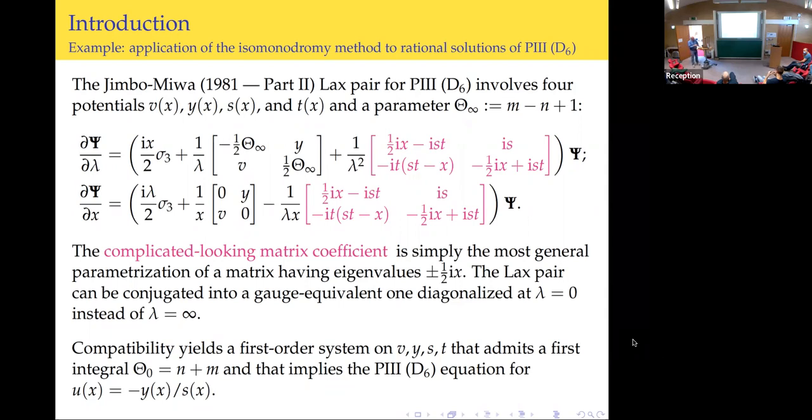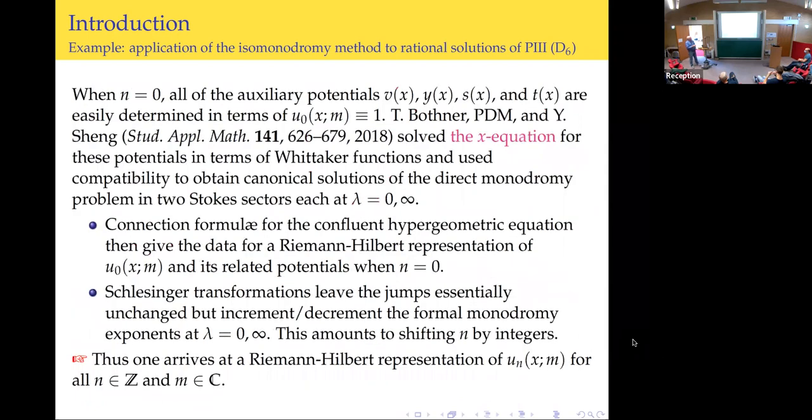But it's a lot easier if you know something about the solution, like we know that the seed solution for this function is the constant function 1. We can take advantage of that. So when n is equal to 0, that's the seed value of the parameter. Then all of these auxiliary potentials in the problem are very easily written down explicitly in terms of this constant function 1 for u naught.